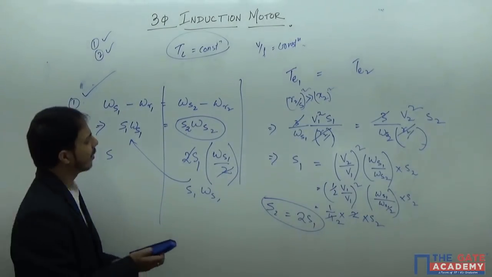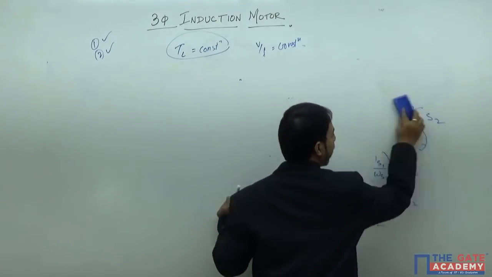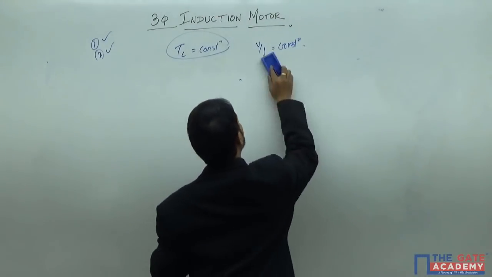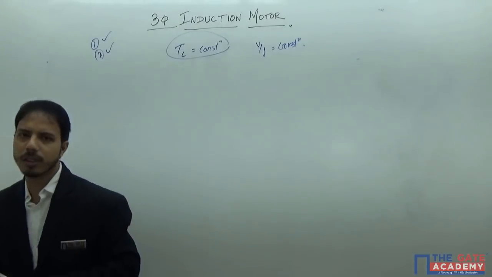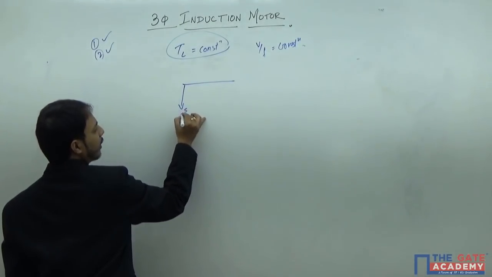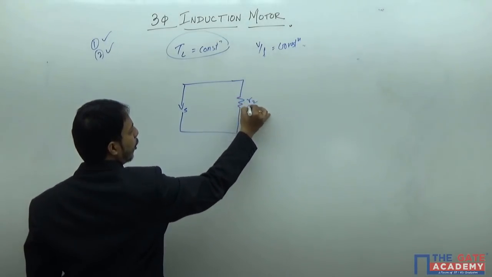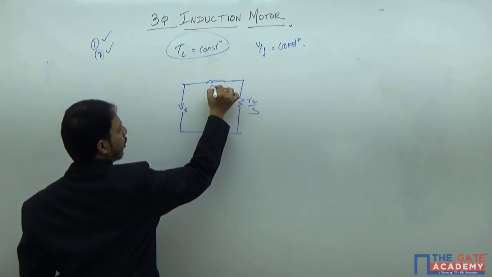To find out the current, let us see. We will consider the approximate circuit. The approximate circuit is this: Vs, R2 by S and X2 will be here.